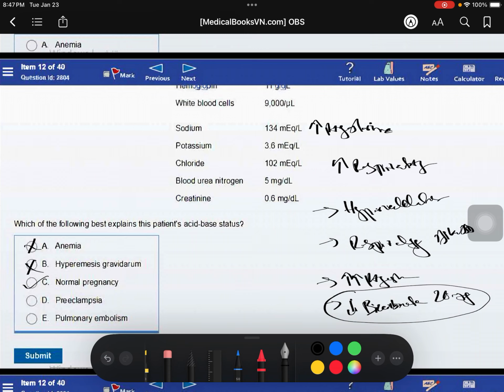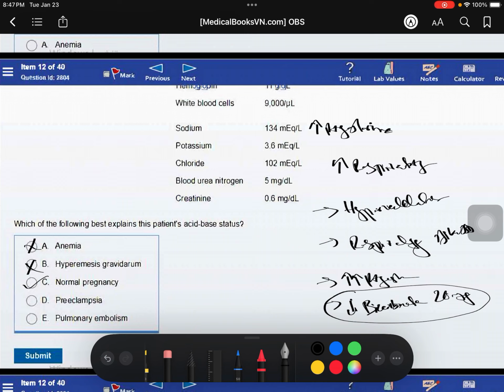Come to B, hyperemesis gravidarum. Hyperemesis gravidarum usually happens due to increased HCG, human chorionic gonadotropin, concentration during the first trimester, which causes significant vomiting and severe volume depletion.